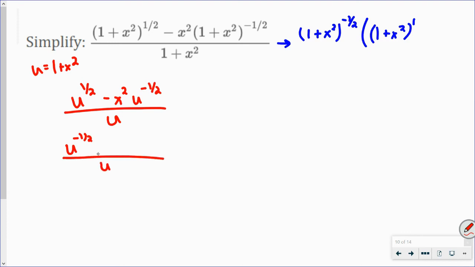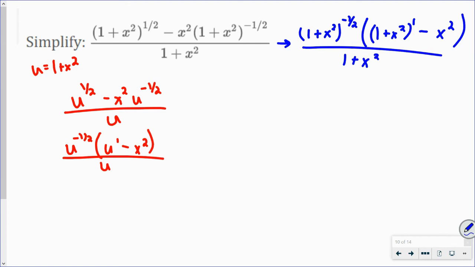It's still going to be over u. But this half minus a negative half is 1. So you get u to the first minus x squared. And this u to the negative half went away. So you just get that. And up here, we have it to the first power minus x squared, all over 1 plus x squared.